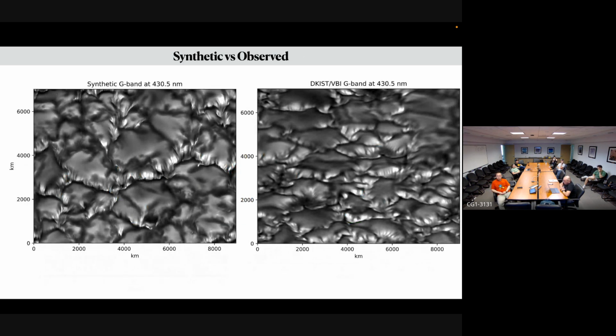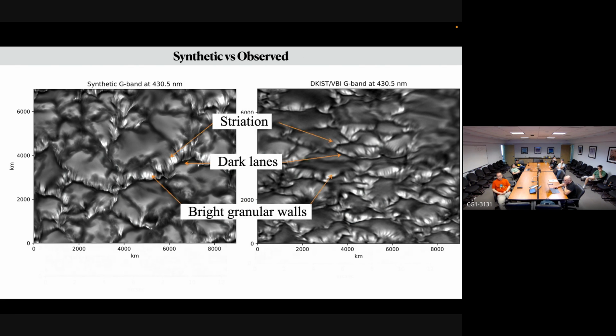We have the synthetic G-band and the VBI G-band, and these filtergrams look very similar. All the elements like striations, dark lanes, and bright granular walls are reproduced in the synthetic data.